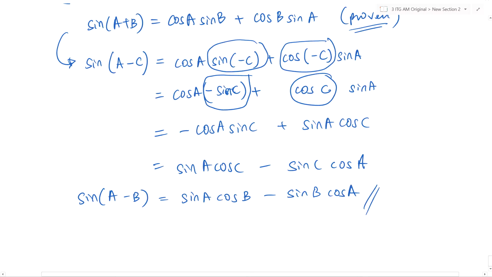After talking so much, I hope you don't feel that we wasted our time because it can be done. All the 6 formulas that I told you on page 280, I'm now going to combine them into 3. Watch this. Sine A plus minus B equals sine A cosine B plus minus cosine A sine B. I'll follow the textbook.